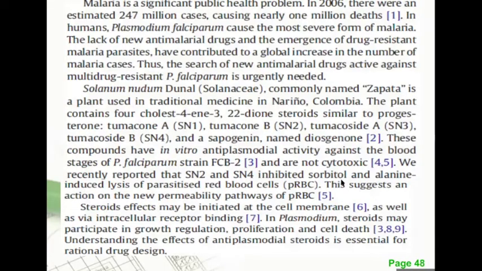You will notice here what is the main problem. The problem here is malaria. The authors or the researchers would like to address this problem.